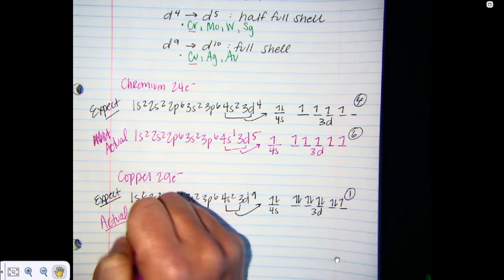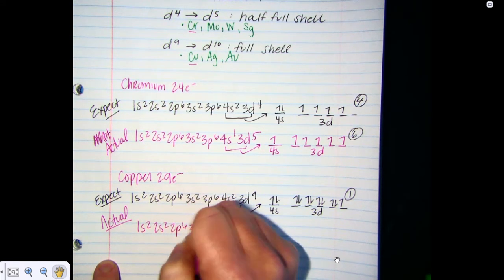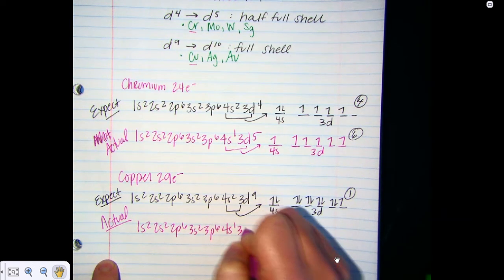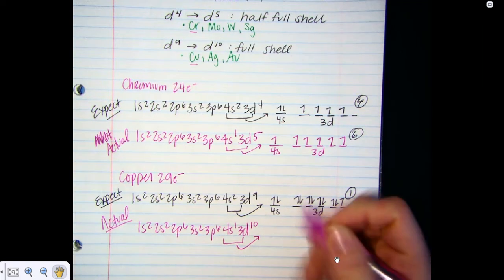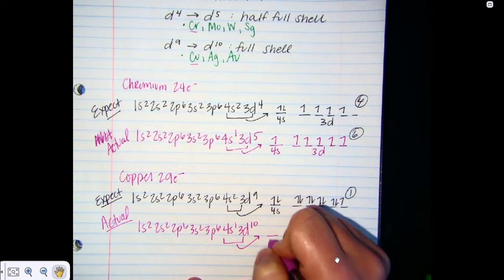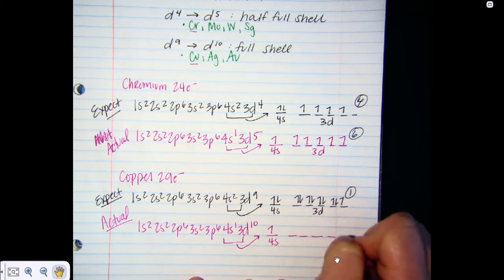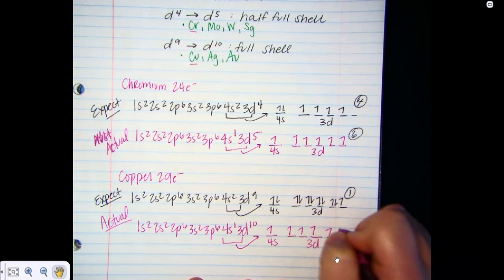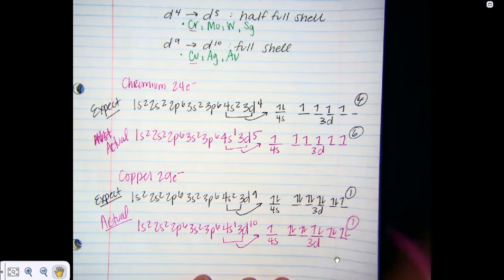Then if I do the actual, it looks like this. 1s2, 2s2, 2p6, 3s2, 3p6, 4s1, 3d10. Now, what's interesting about these particular ones is when I do the 4s1, 3d10, I still only have 1 unpaired electron.